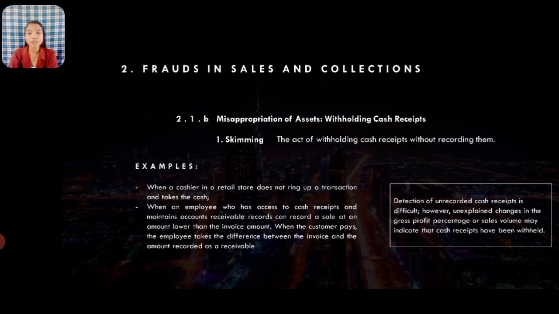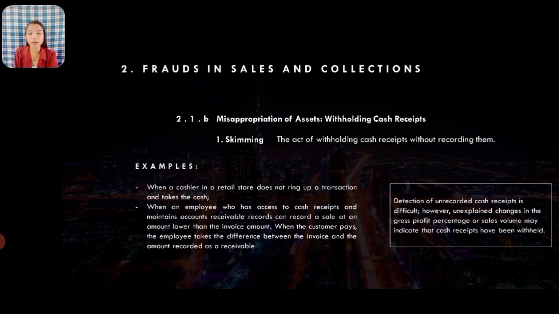Actually, employees who steal money from the company steal the sales or receivables before they are recorded. It is known as off-books fraud, meaning money is stolen before it is recorded. Those people involved in skimming are those who have access to the customers.